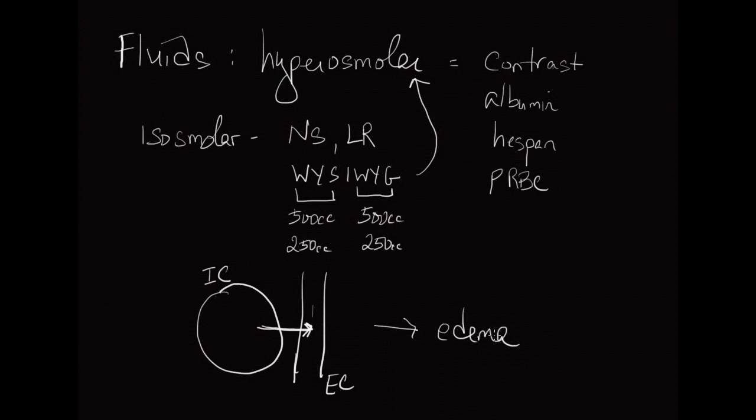So let's try to go through a simple calculation to uncover how much fluid a patient actually sees for a given amount of fluid that you give that's hyperosmolar. Alright, so what we're going to do is start with a patient, and let's just describe who that patient is for a minute.